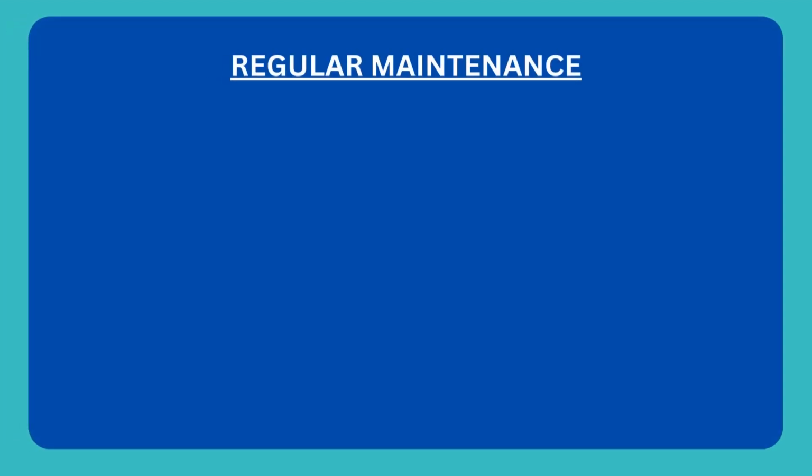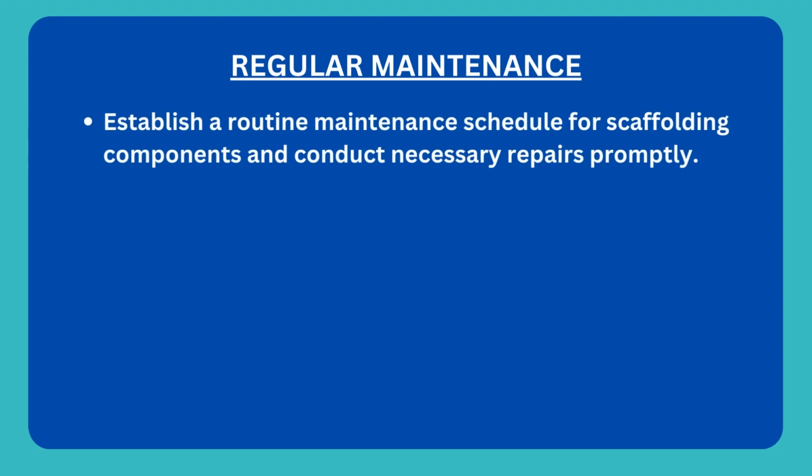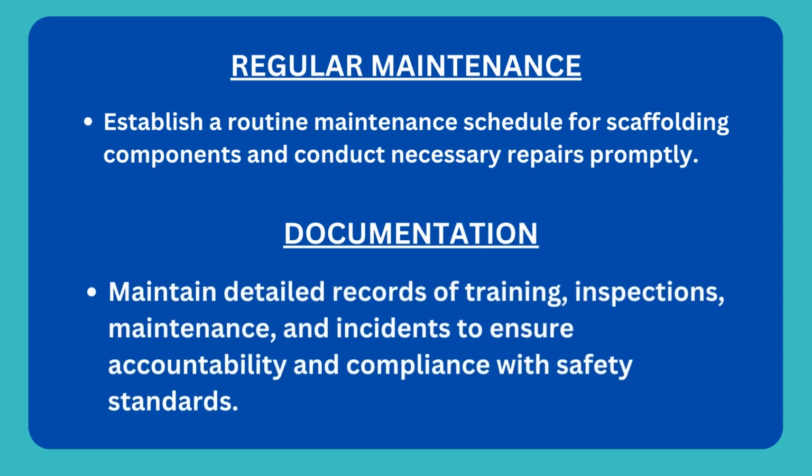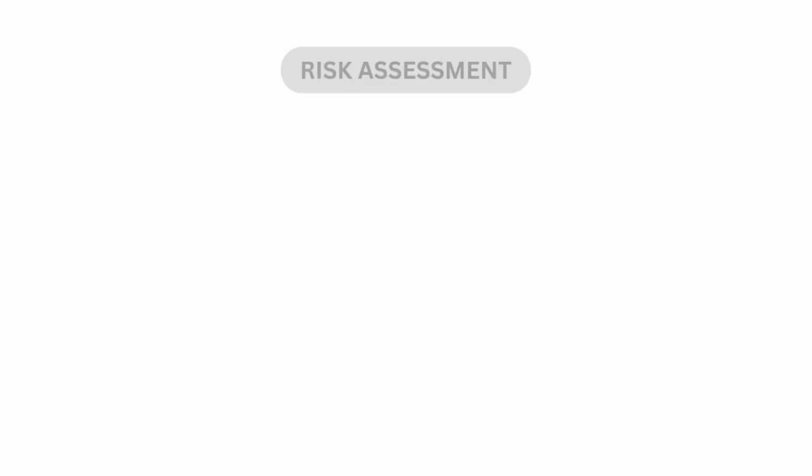Then regular maintenance. Establish a routine maintenance schedule for scaffolding components and conduct necessary repairs promptly. The next is documentation. Maintain detailed records of training, inspection, maintenance, and incidents to ensure accountability and compliance with safety standards. Then risk assessment.